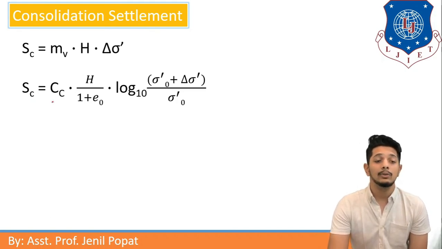Again, Sc is equal to Cc, the compression index, into H by (1 plus e0) into log base 10 of (sigma0 dash plus delta sigma dash) upon sigma0 dash. Here sigma0 dash is the initial effective pressure, delta sigma dash is the effective pressure difference, H is the thickness and e0 is the initial void ratio.